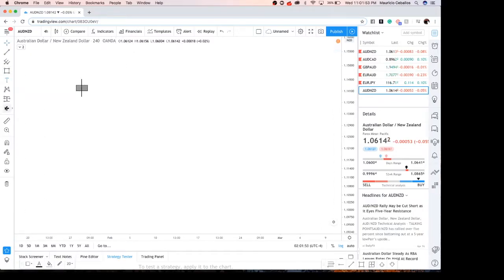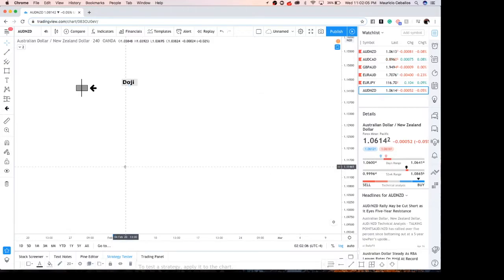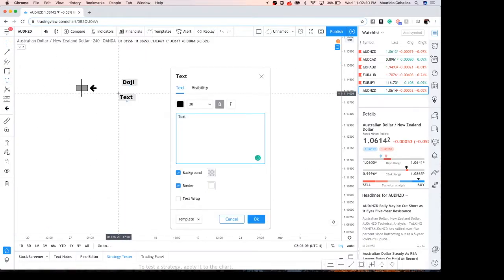So when it comes to this candle right here, this doji, I'm going to write it down. Doji. What are we seeing with this doji? Which is important, right? Many people see them in the market, and sometimes you question yourself, what's going on with this?